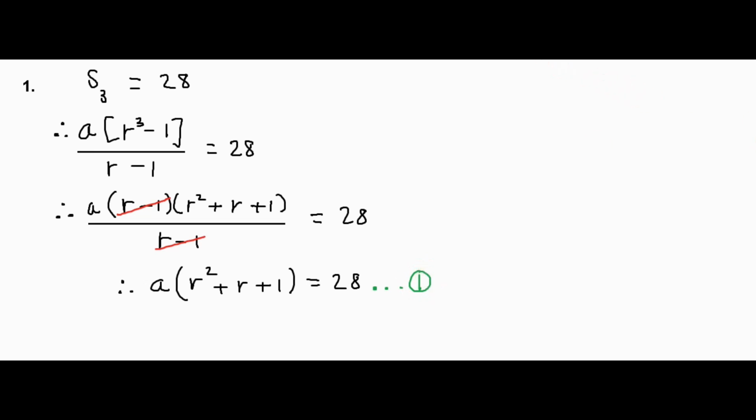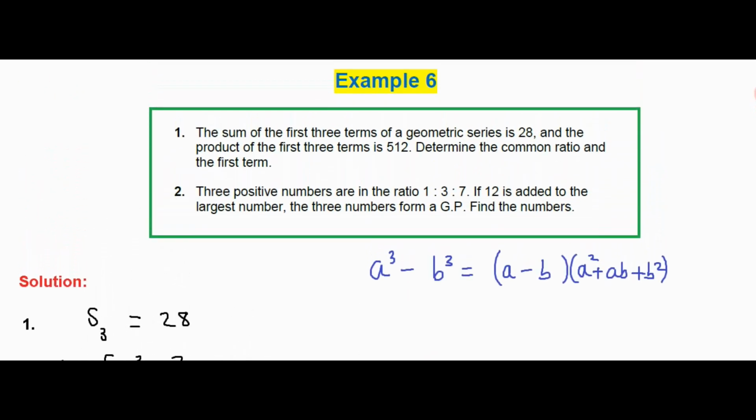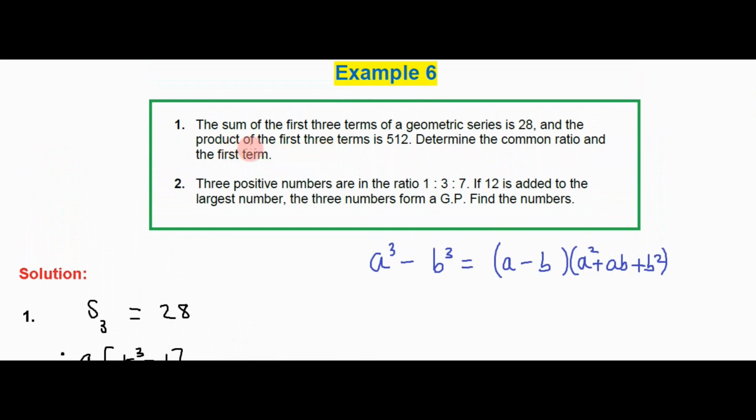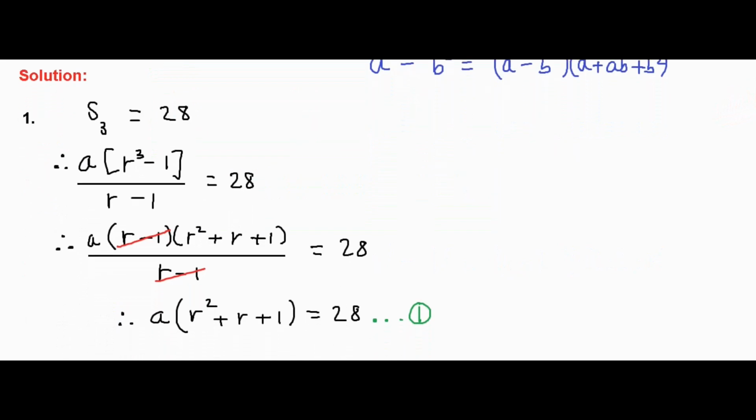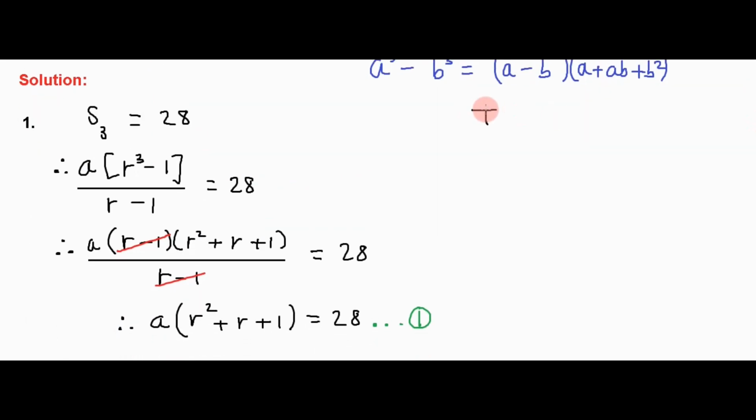Let's go to the second bit of information. It also says the product of the first three terms is 512. So it means term 1 times term 2 times term 3 is equal to 512. Now we can write these three terms in terms of A and R as well.